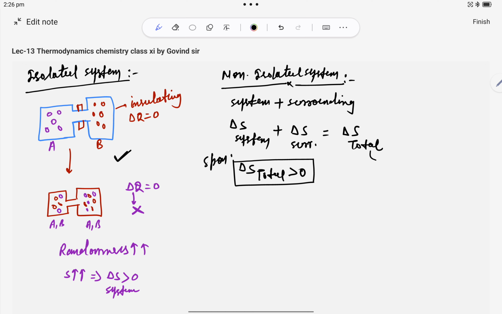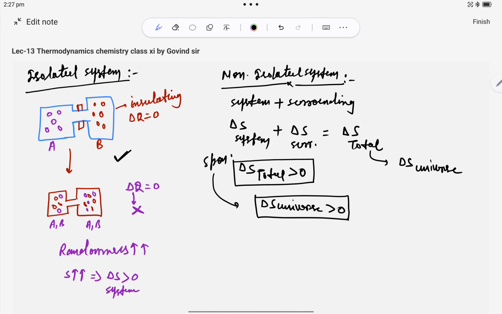Or you can say delta S for universe. So delta S for universe is greater than 0 in nature. Which process? Irreversible.